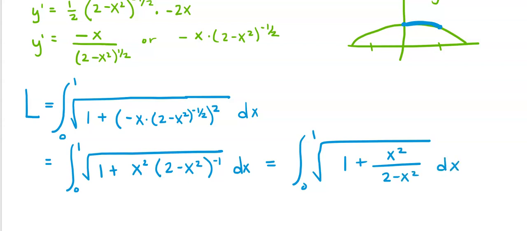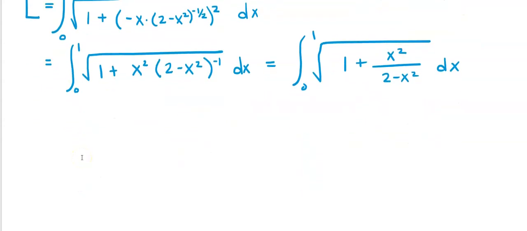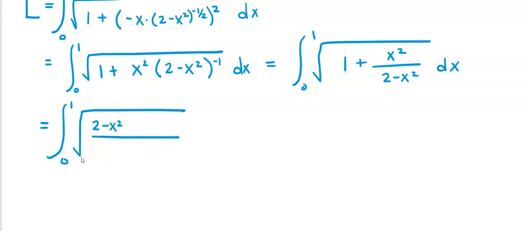Okay, so looking at this, it doesn't look like U substitution would work right away. We definitely need to maybe get a common denominator to see if this can simplify it all. So let's go ahead and get a common denominator. So from 0 to 1, and so we'd have 2 minus x squared, and then that'd be plus the x squared in the other part.